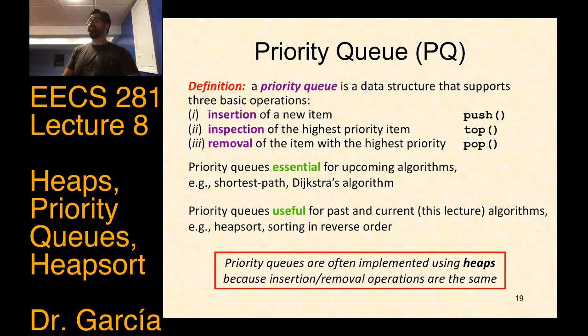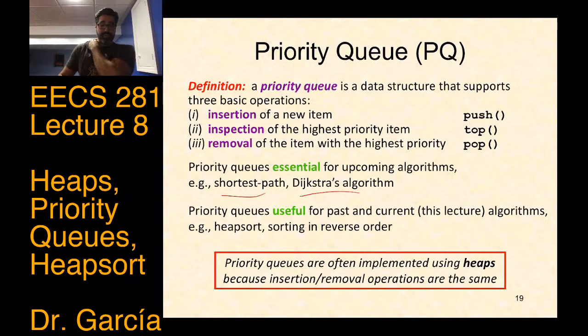Whereas oftentimes in interviews, you can say, well, I'm assuming I'm using a priority queue. So they're often overlooked in interviews, and also later on in the course, we're going to have algorithms that depend quite a bit on priority queues, namely shortest path in a directed graph, and Dijkstra's algorithm, which we're going to cover later on in the course.